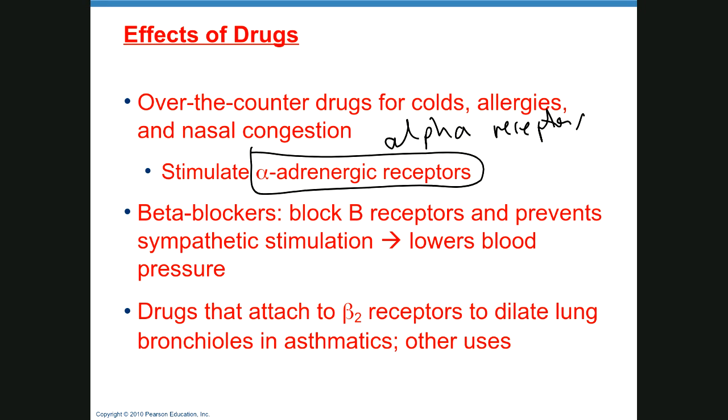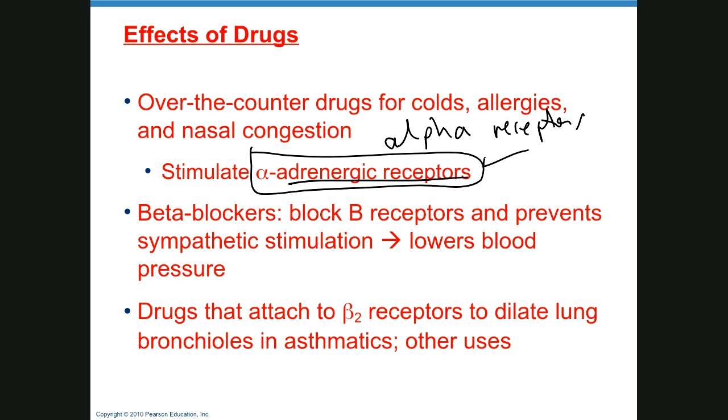If you stimulate sympathetic activity, that's going to dry up the mucosa of the respiratory tract. So parasympathetic activity stimulates nasal congestion and secretions in the respiratory mucosa. Sympathetic receptors stop those secretions. So if the drug stimulates alpha receptors, it's going to stimulate the drying up of the nasal mucosa. That's one application of this knowledge.